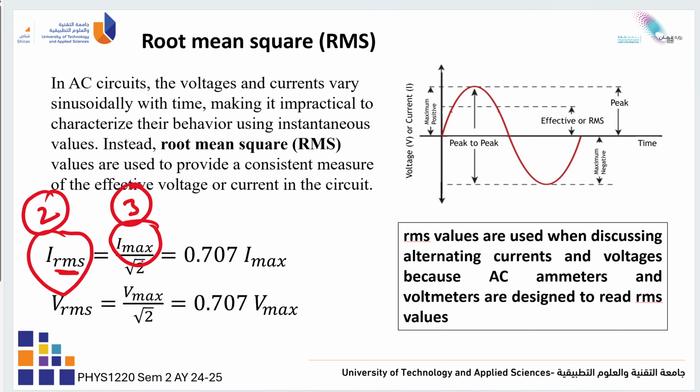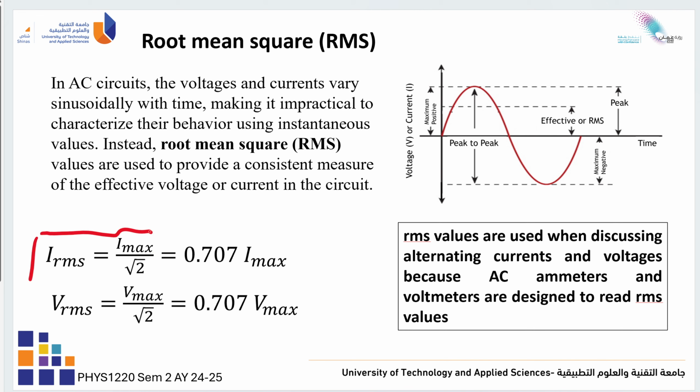Here the formula is given for the RMS current. I RMS is equal to I maximum over root 2.